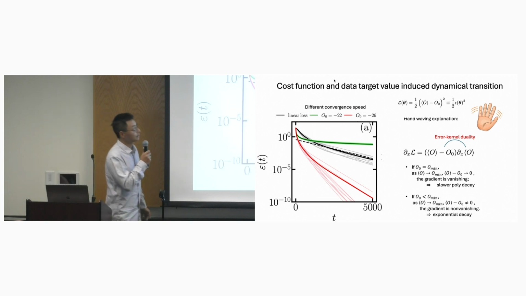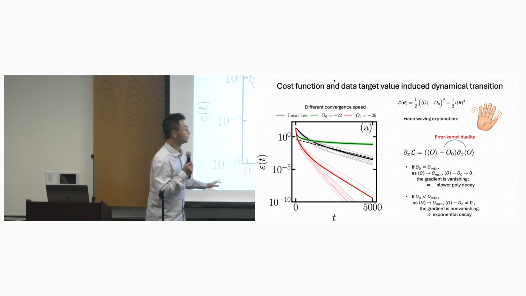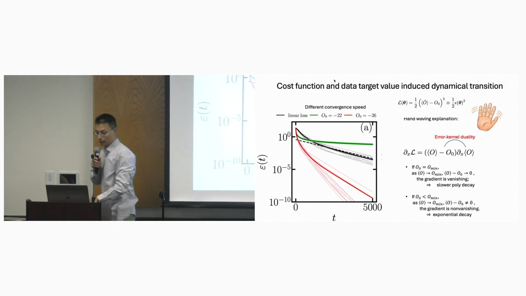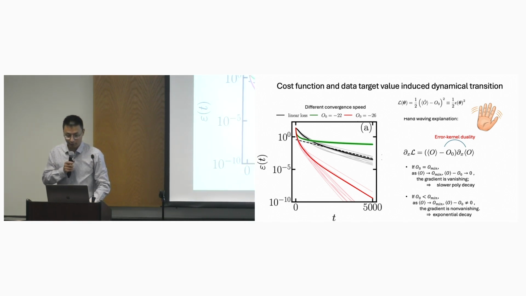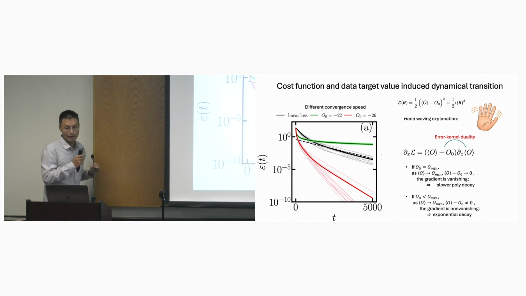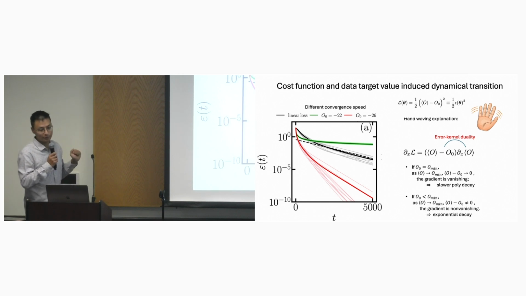And the hand-waving explanation is that here we are doing a minimization of this loss function L, where L is a quadratic loss function in which the expectation value of the observable O minus O0 is squared.